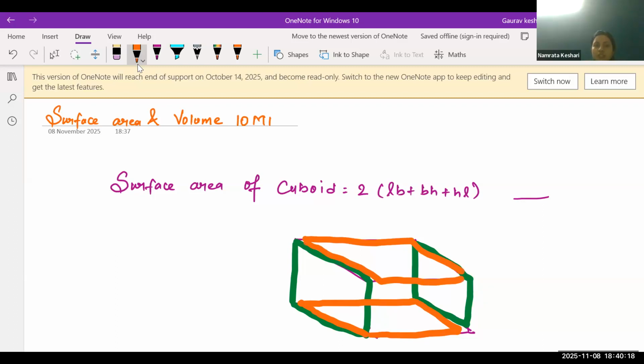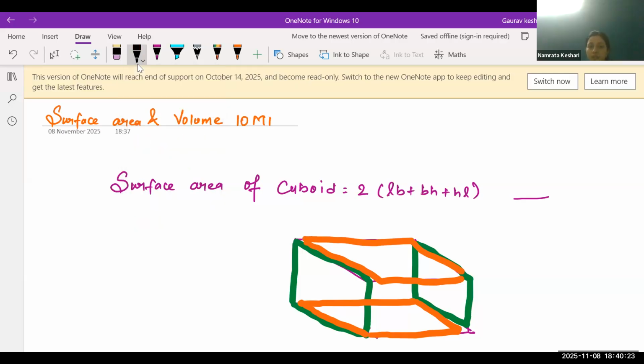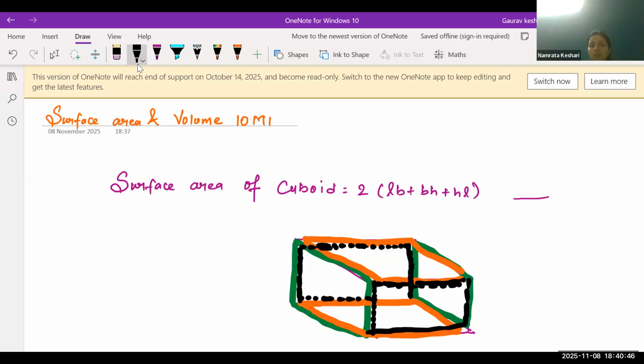Area of the front surface, there is a front surface as well, a rectangle at front and a rectangle at the back. Yes or no? Yes, ma'am. So these many surfaces we are having over here, and all the surface areas added together give us this formula: 2 times length into breadth plus breadth into height plus height into length.